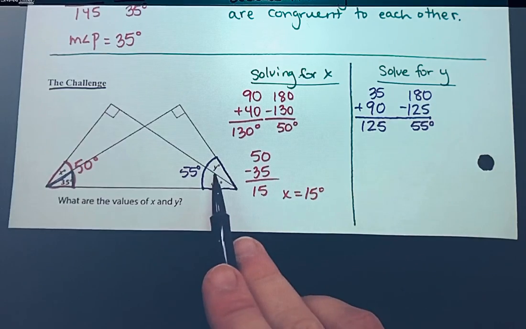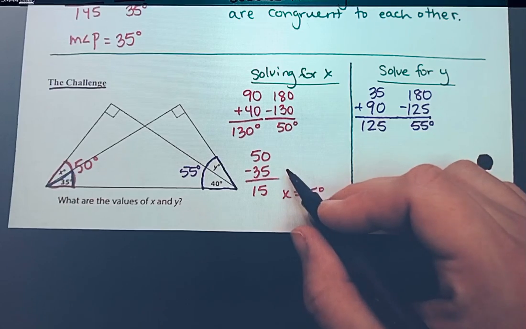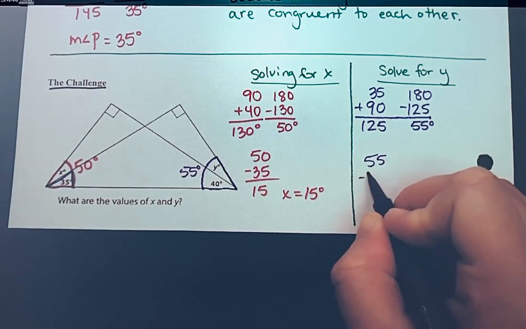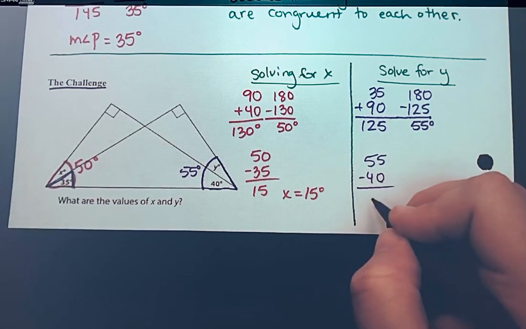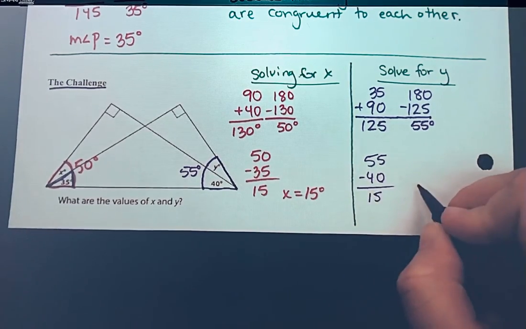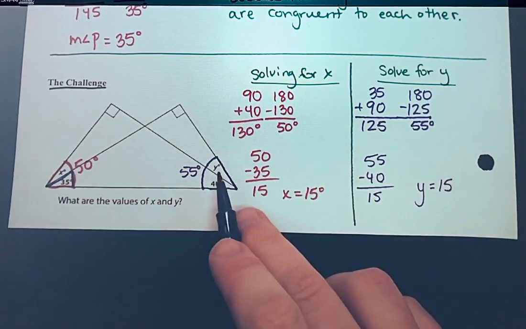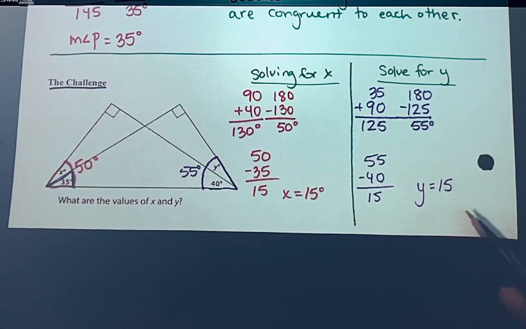So if I know y and 40 make 55, then I do the same step I did here, except I use 55 and 40. What is 55 minus 40? It just is a coincidence. You get 15 as well. So, y equals 15.